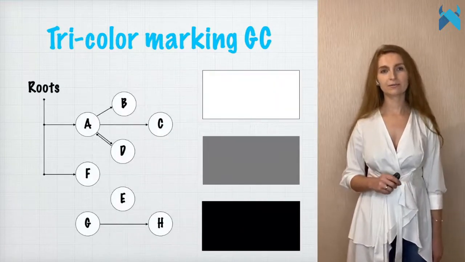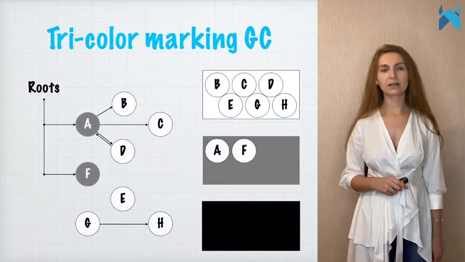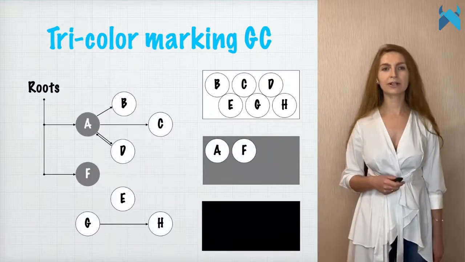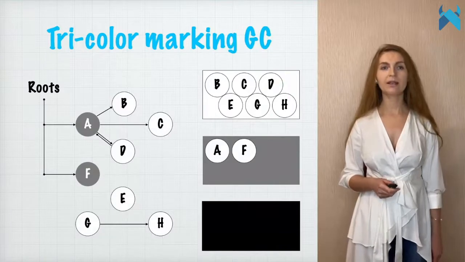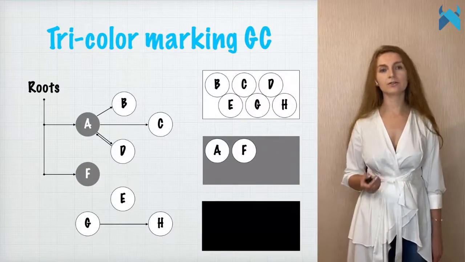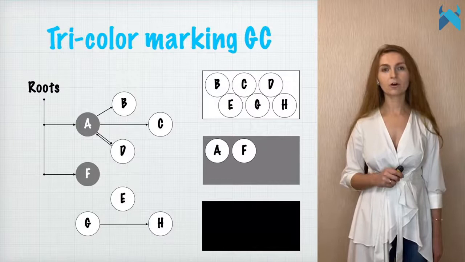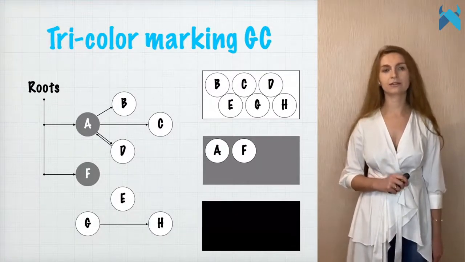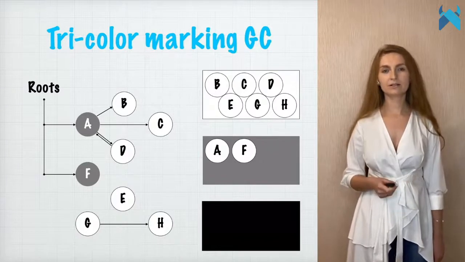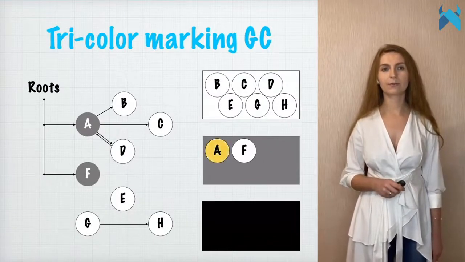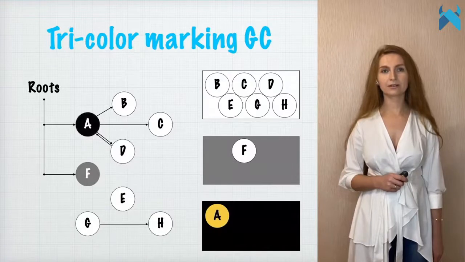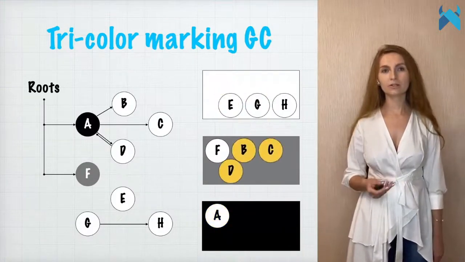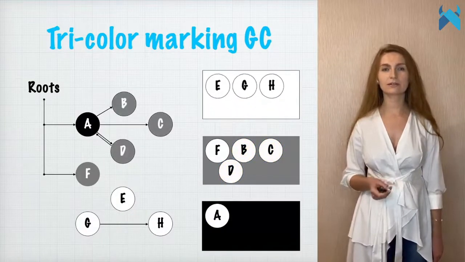In the main algorithm, initially the black set starts as empty, the gray set is a set of objects which are directly referenced from roots, and the white set includes all other objects. Every object in memory is at all times in exactly one of the three sets. The algorithm proceeds as follows. Pick an object from the gray set and move it to the black set. Move each white object it references to the gray set.